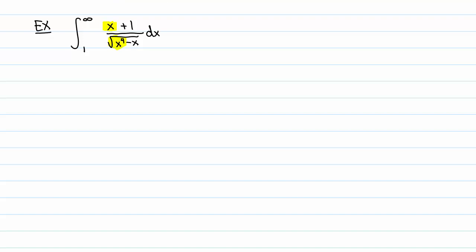This doesn't mean that I automatically know that I'll be able to make the comparison, but my goal is to compare to y equals x over the square root of x to the fourth. And of course, that simplifies down. That's just going to be y is equal to x over x squared, or in other words, 1 over x.